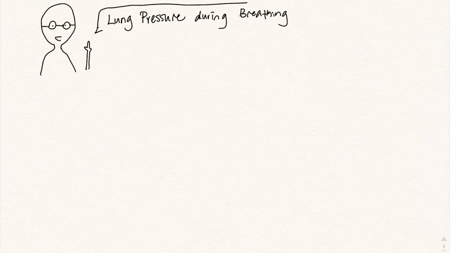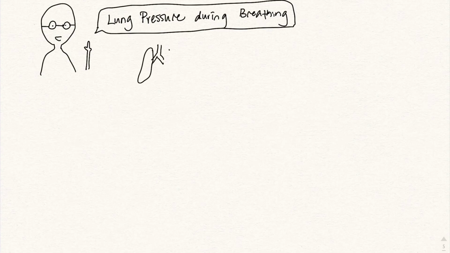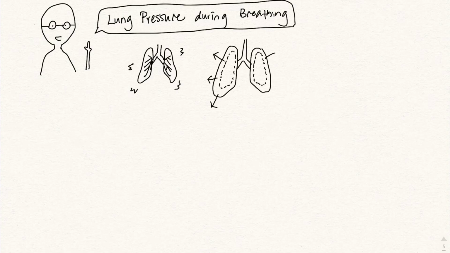Another key concept in the mechanics of breathing is the pressure in our lungs. So, as we know, our lungs are stretchable and contractible. And so when it stretches, it becomes compliant, meaning there's a change in volume due to a change in pressure.